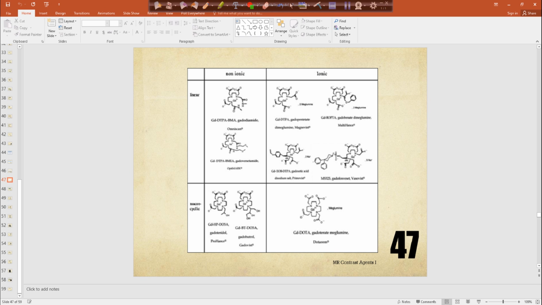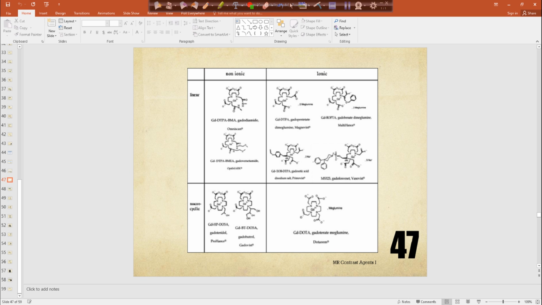So you can see here the macrocyclic agents completely surround the gadolinium. That's why it's harder for it to dissociate. Macrocyclic ionic agents are the strongest in terms of stability.